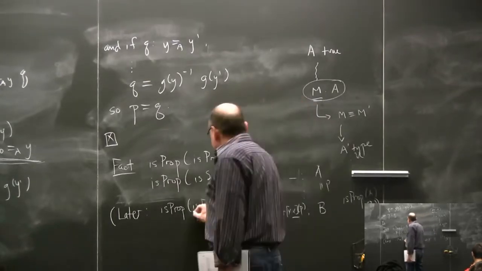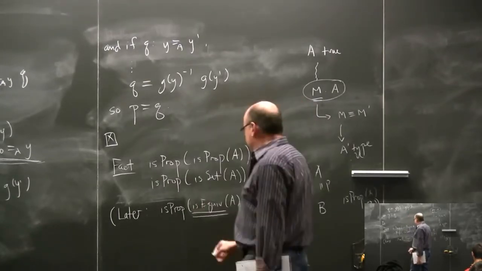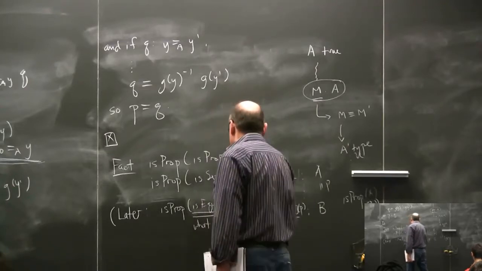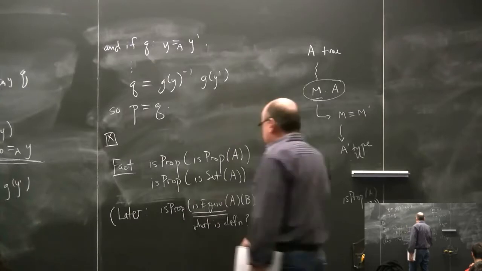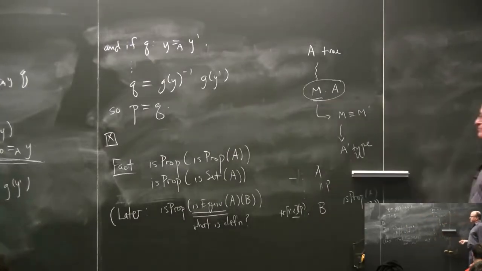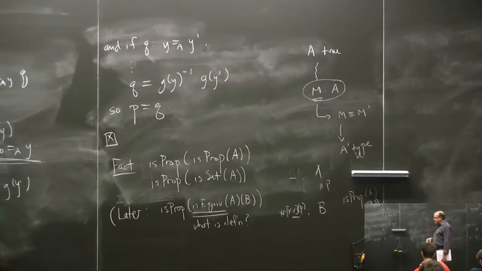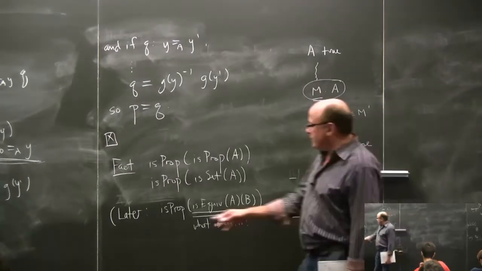And the chapter in the book is concerned with what is the exact definition of this. Okay, because there turns out to be a variety of things you could choose as being the official definition of what it is to be an equivalence. And depending on what you do, it may or may not turn out to be a prop.